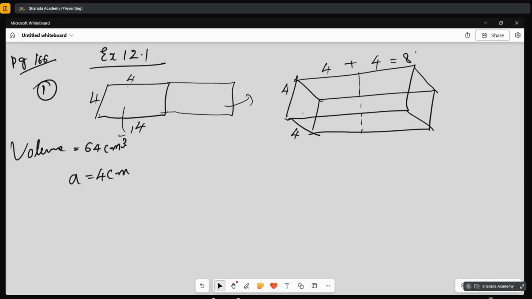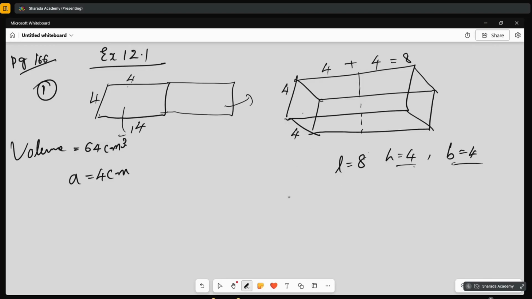So it is a cuboid of length 8, height 4, and breadth also 4. When combined, the length becomes 8, and the height and breadth are both 4 only.